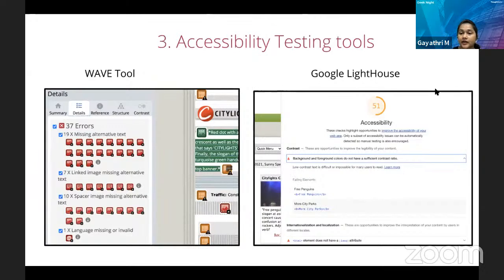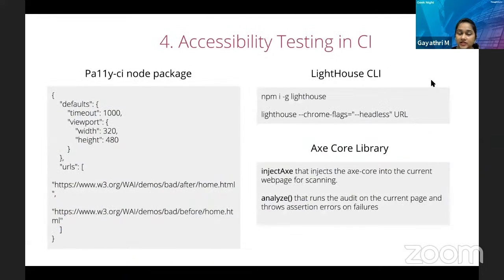And once this testing is done manually, we can also include accessibility checks in the CI pipeline. So there are several tools that do the same auditing that is provided by Wave and Lighthouse. Mostly it is a structural auditing. We need to be very careful there because it is only partially making sure that the accessibility checks are enabled.